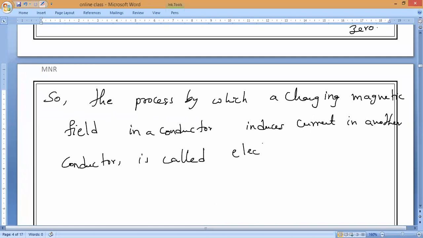Can you say it again, sir? Electromagnetic induction. So this is the definition of electromagnetic induction.